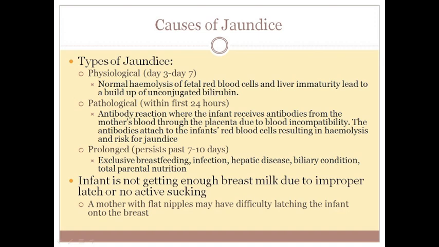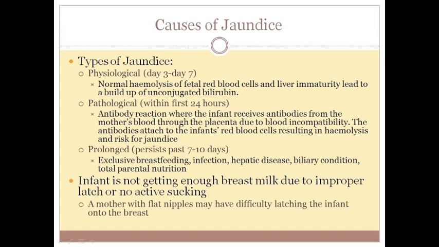The antibodies attach to the infant's red blood cells, resulting in hemolysis and risk for jaundice. The third type of jaundice is prolonged jaundice, which persists past 7 to 10 days. This occurs from exclusive breastfeeding, infection, hepatic disease, biliary condition, and total parenteral nutrition.